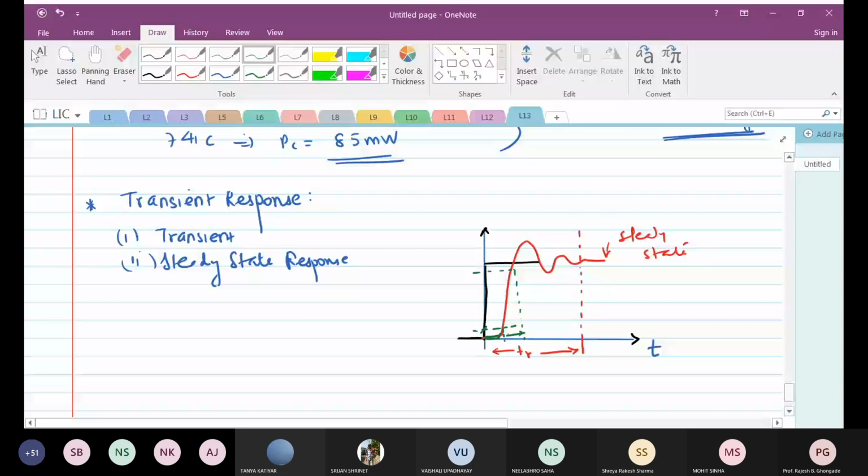Let me do away with this so that it will not get confused with the transient response. So whatever time it takes to go from 10% to 90% is called the rise time. This part is called the overshoot.